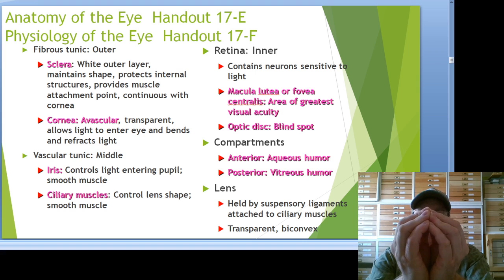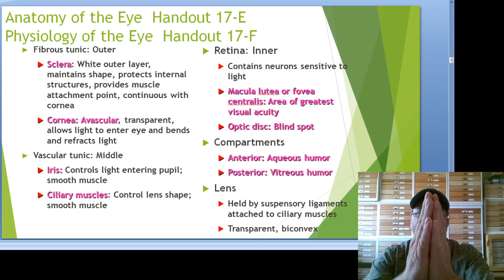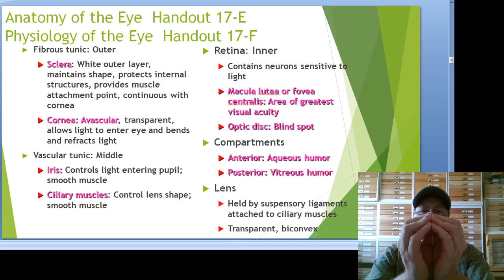And then as those suspensory ligaments pull on the lens, it flattens the lens out like this. Now, when we want to see up close, our suspensory ligaments are going to relax and the lens becomes very round. That allows us to see up close.